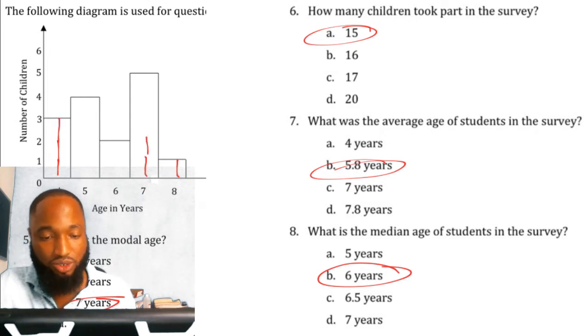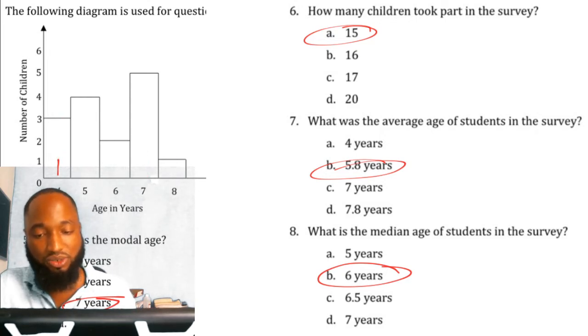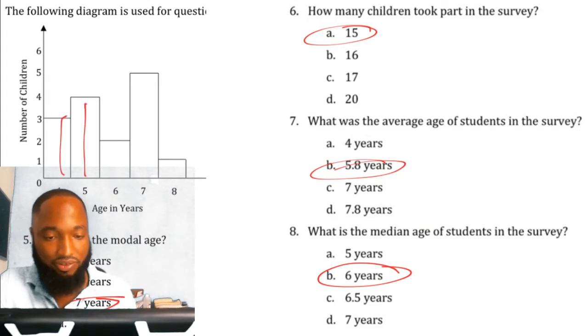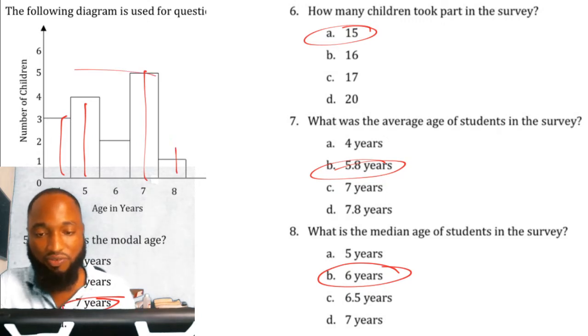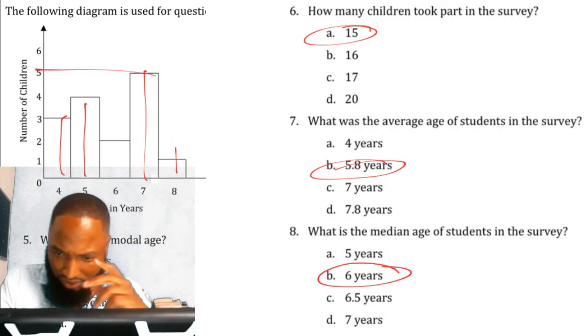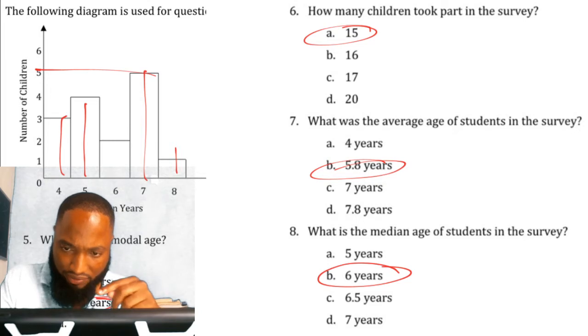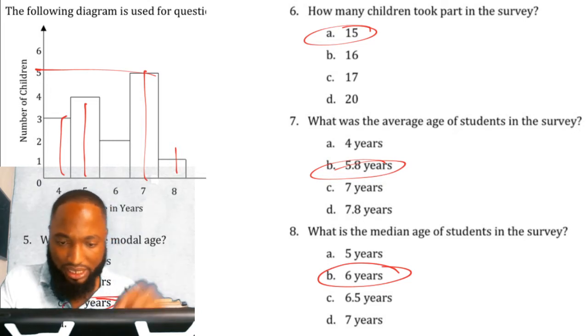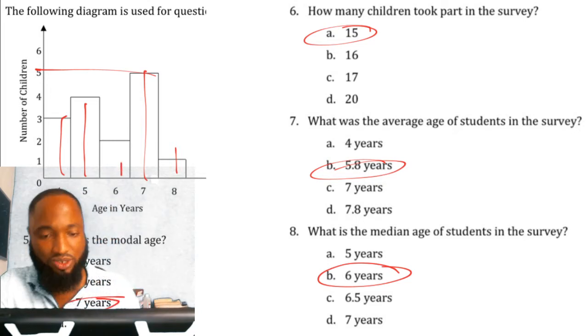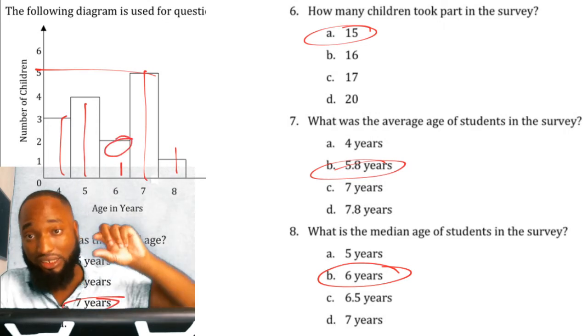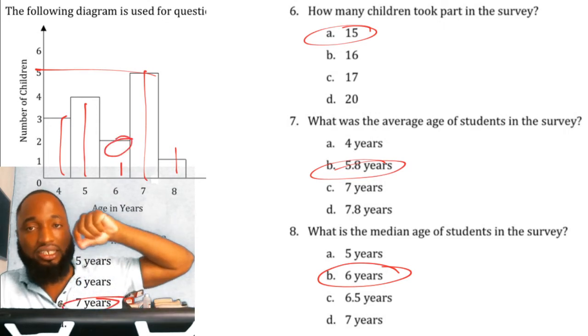Cross out 1 here, cross out 1 there. But instead do it in bulk. So 3 and 4 make 7, and I cross out 7 here. 5 and 1 makes 6. And 7 here, so the median actually is 6. You don't need to add it, it's just 6.